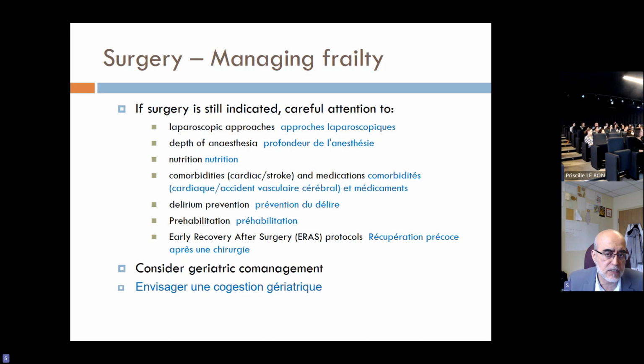This includes laparoscopic techniques as opposed to open surgery, carefully monitoring the depth of anesthesia to reduce the risk of delirium, careful attention to nutrition, careful assessment of comorbidities and medications, in particular, les comorbidités cardiaques ou les accidents vasculaires cérébraux. These are associated with the highest risk of surgical outcomes, such as myocardial infarction, stroke, and 30-day mortality.